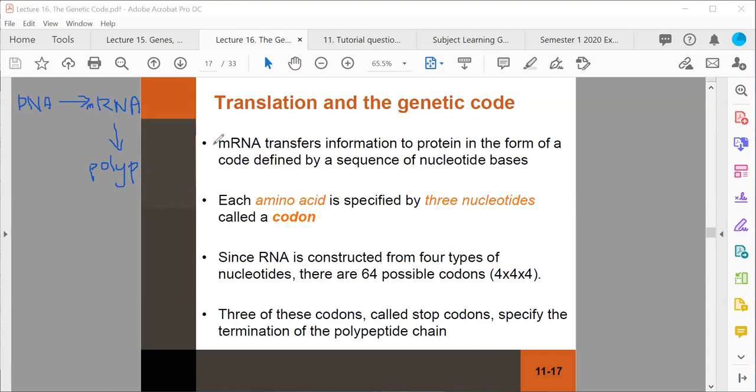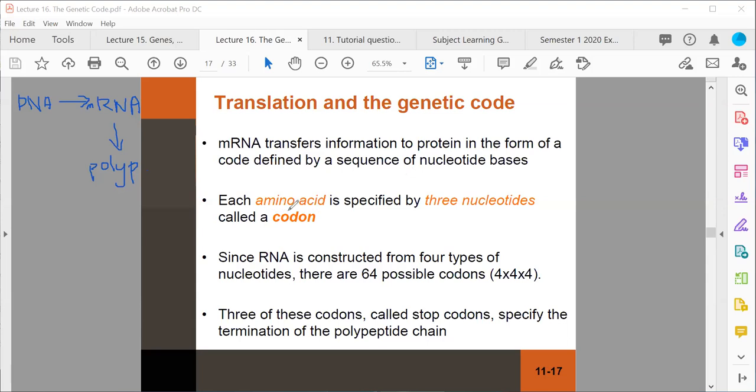All right, so messenger RNA transfers information into a polypeptide in the form of a code, and that code is defined by the sequence of nucleotide bases in the RNA.